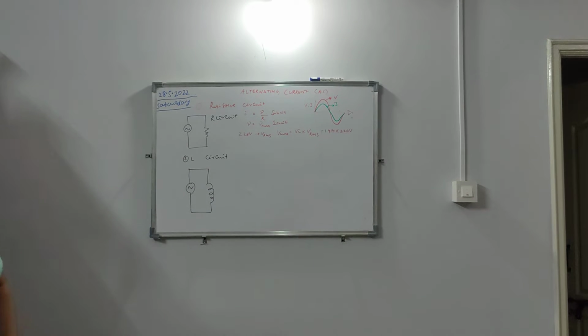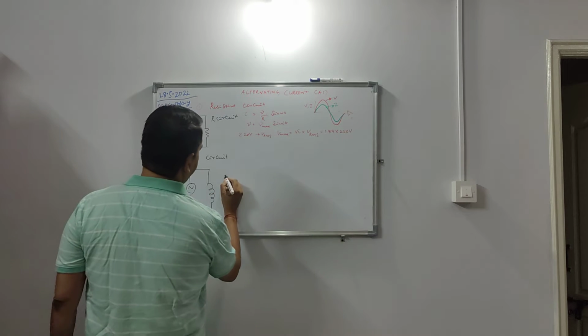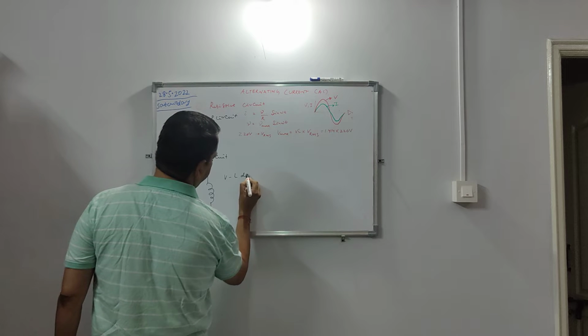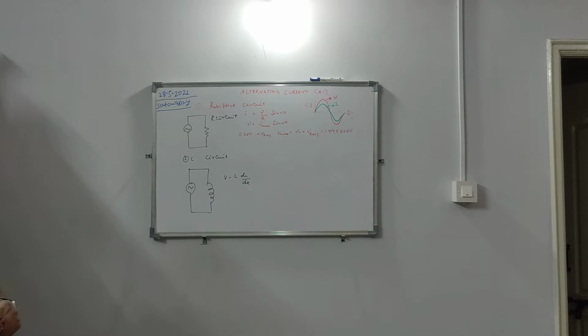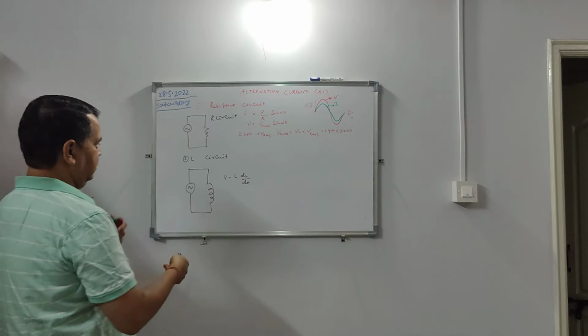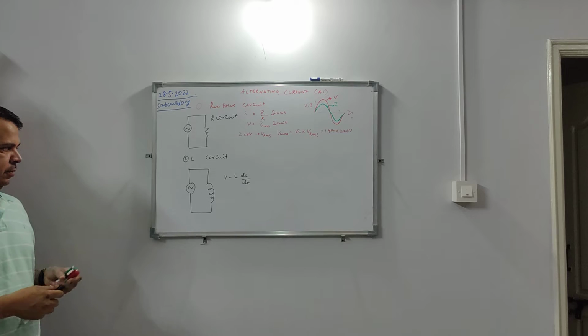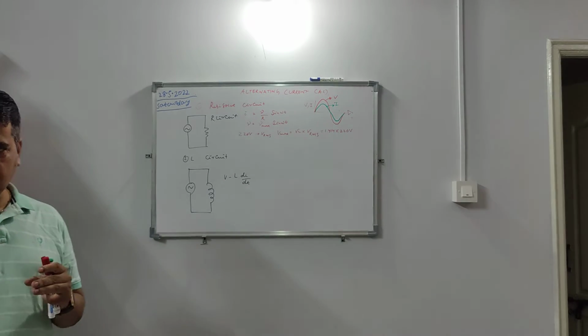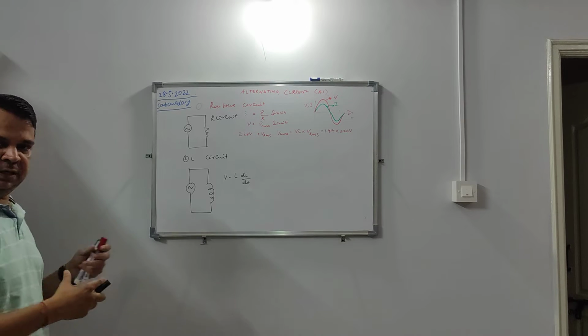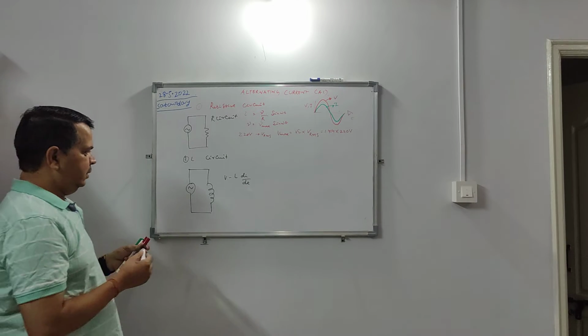So what is the governing equation for an L circuit? The governing equation for an L circuit is V minus L di by dt is equal to 0. This is as per Kirchhoff's law, the total voltage in a circuit is equal to 0.